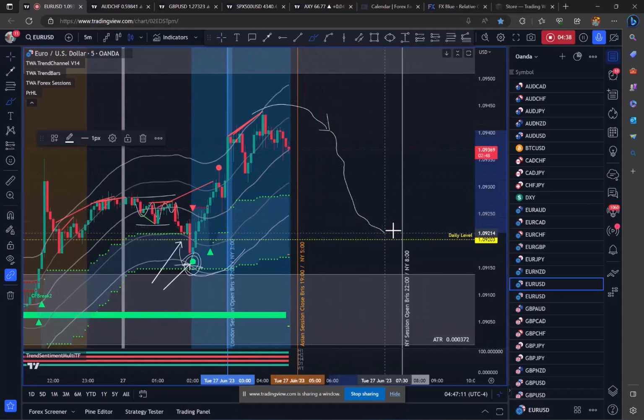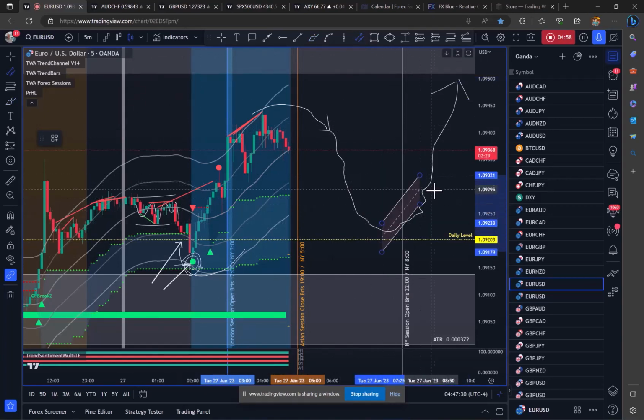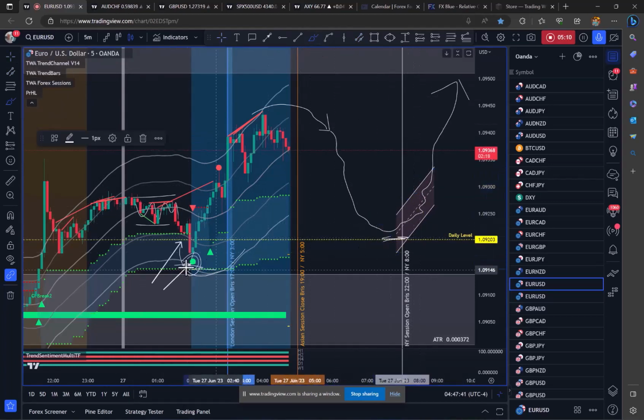If this trades back down and holds above this low, and we see a rotation between here and the New York Open, on the lower time frame we want to see higher highs, higher lows setting up, especially if it holds above this level here.